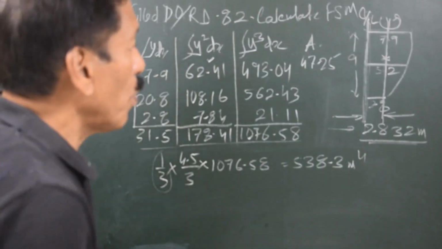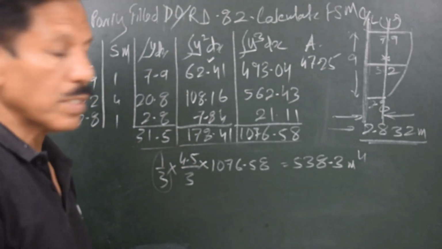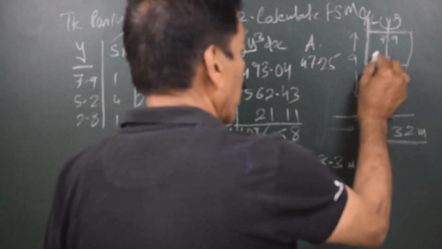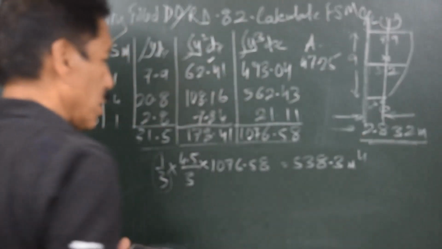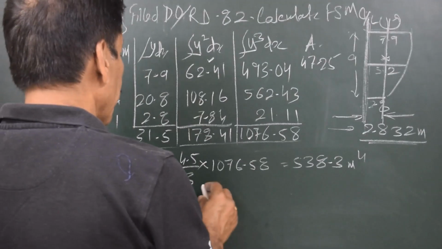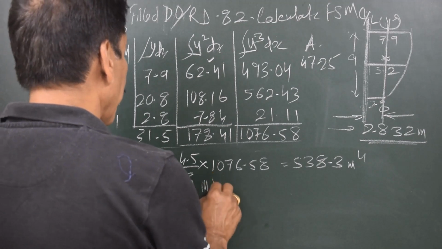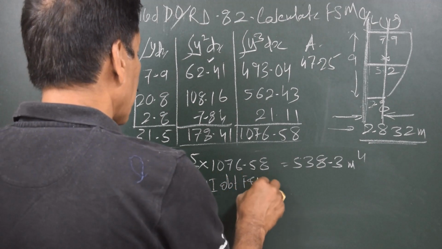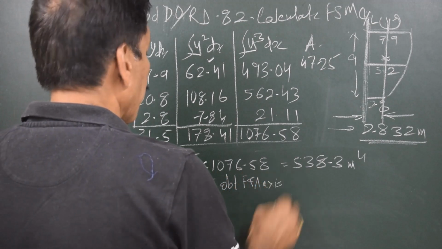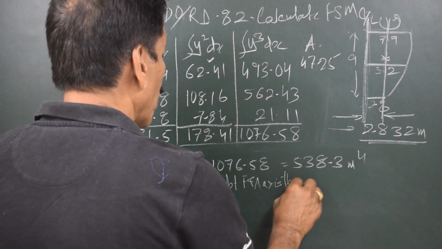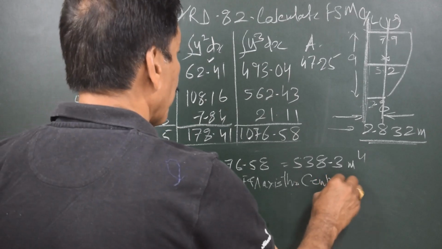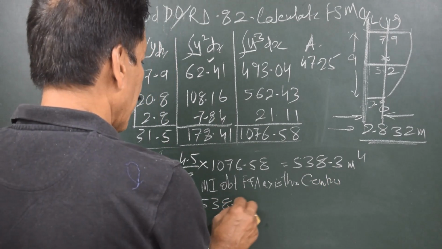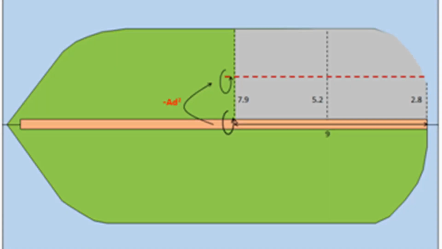Now this is the moment of inertia about the flat side, that is the center line of the ship, but I want the moment of inertia about the parallel axis which passes through the centroid. So the moment of inertia about the axis through the centroid would be 538.3 minus A D square.